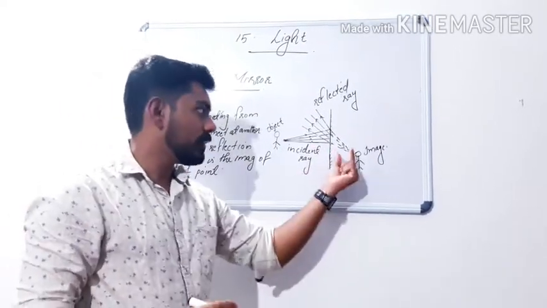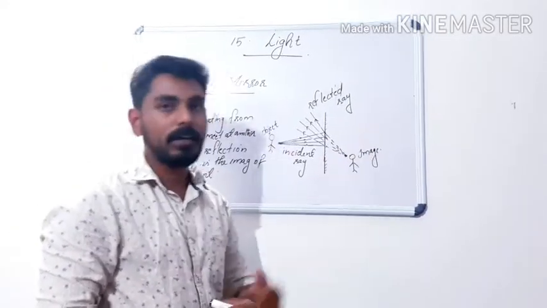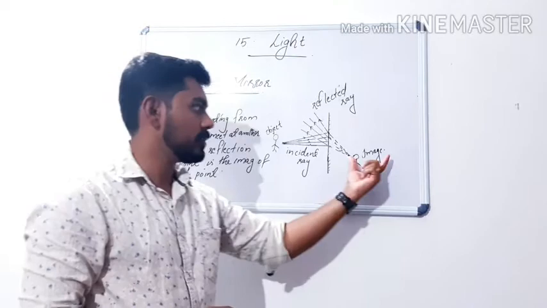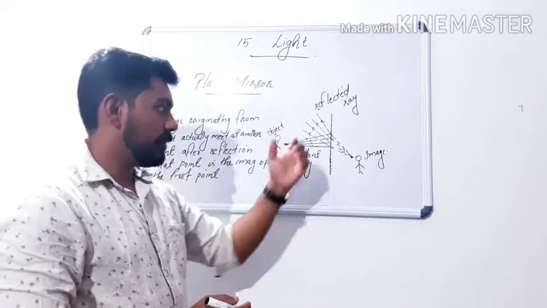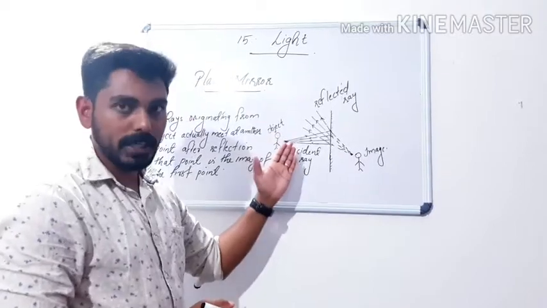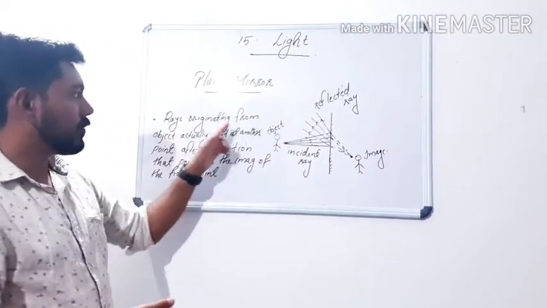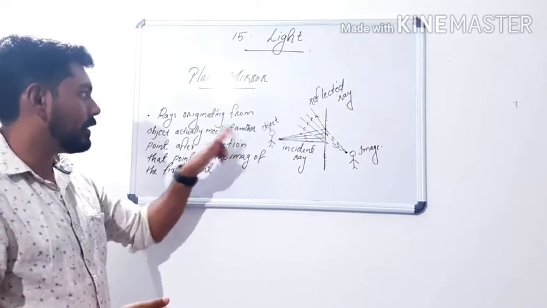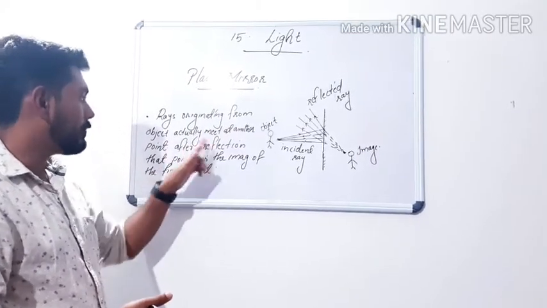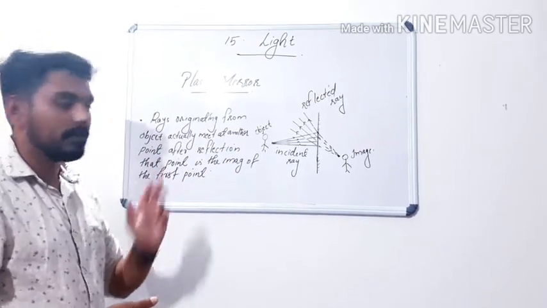That point is the position of the image. The image formed in the plane mirror is exactly like the object. In other words, rays originating from a point on the object appear to meet at another point after reflection, and that point is the image of the first point.